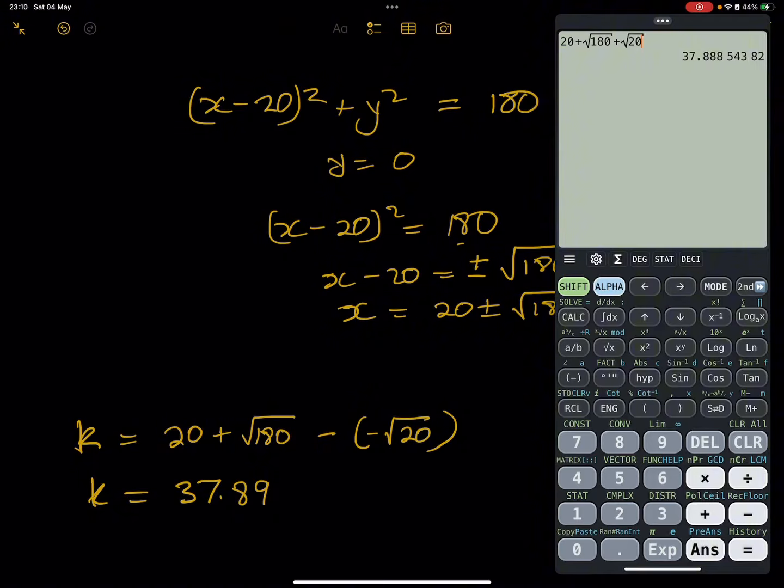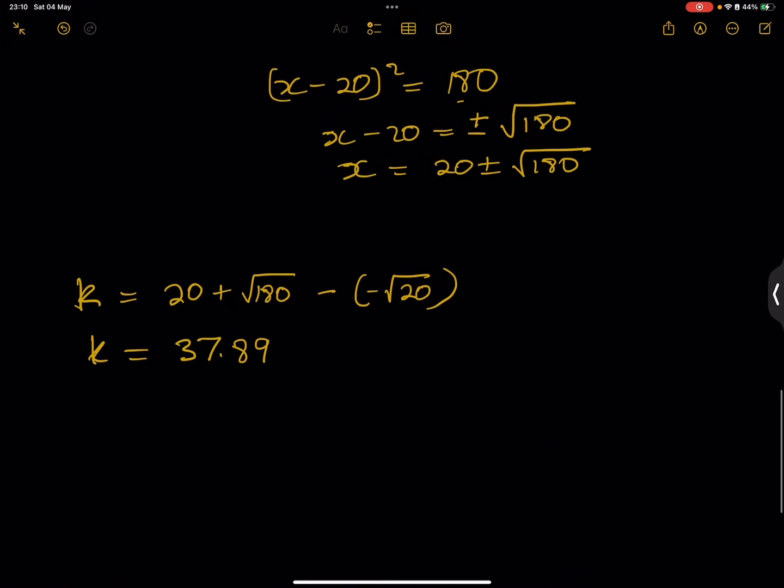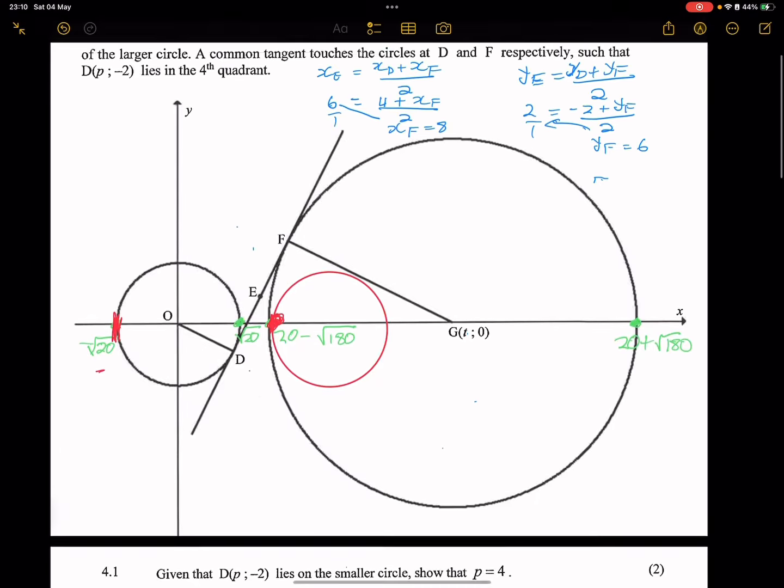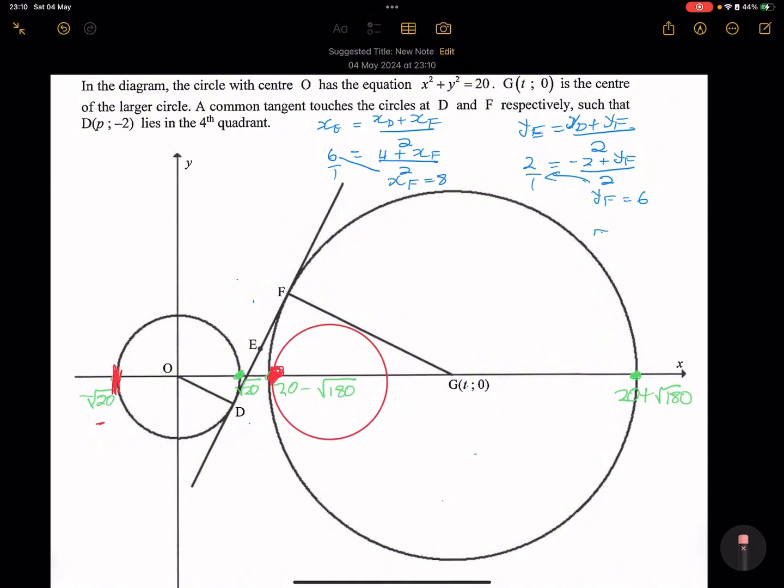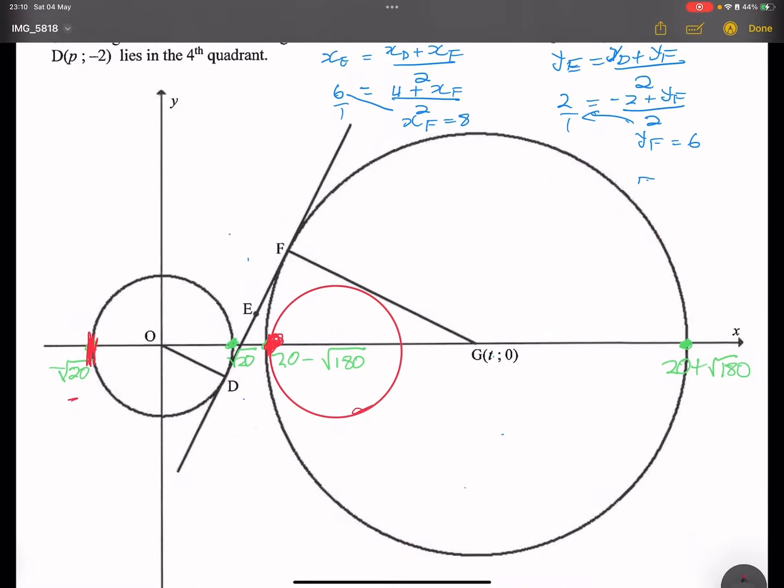Now the second value for k, ladies and gents. Let me just get rid of this circle here. I'm going to take this small circle and move it all the way to the side.